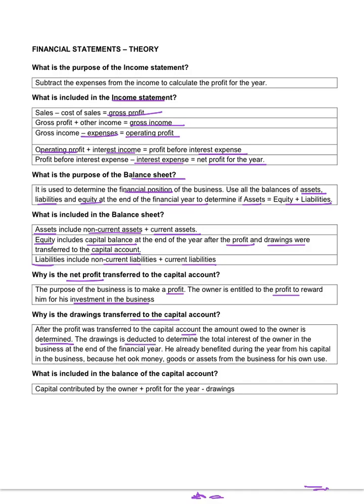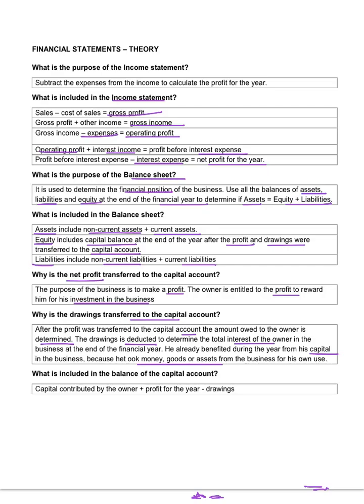The drawings is deducted to determine what is his total interest in the business after the profit was added and the amount that he's taken during the year was deducted. He already benefited from his capital contribution during the year because he took either money, goods, or assets from the business for his own use.